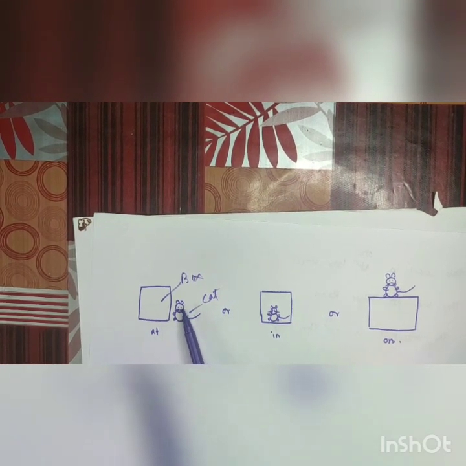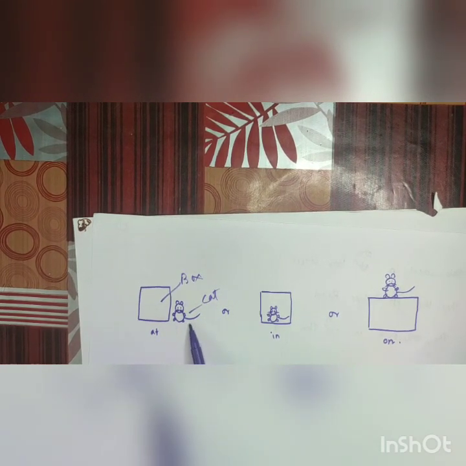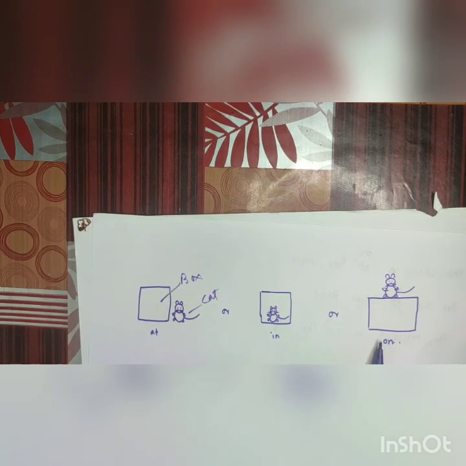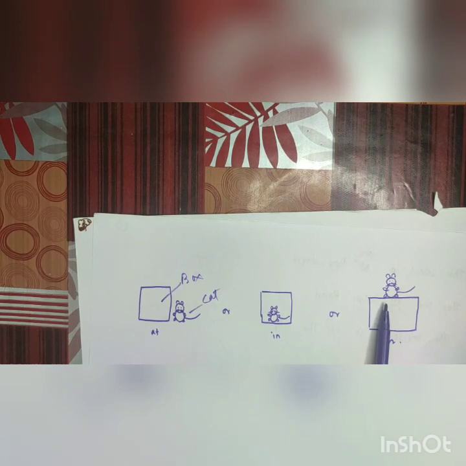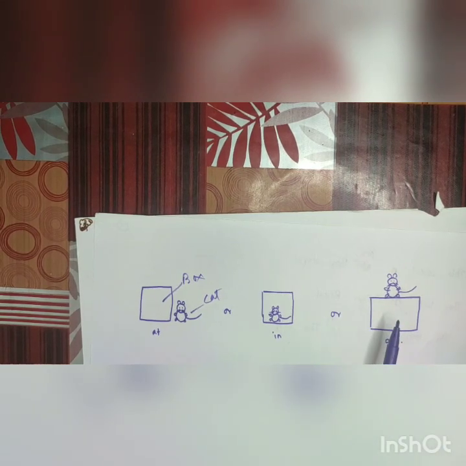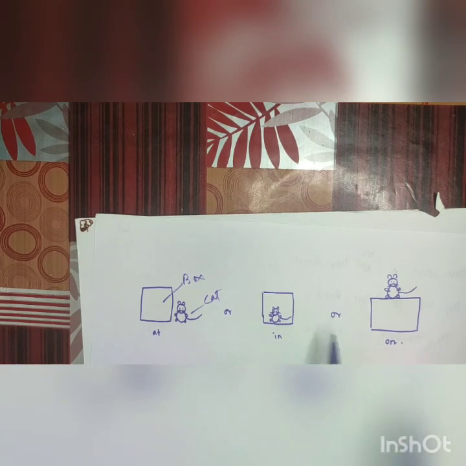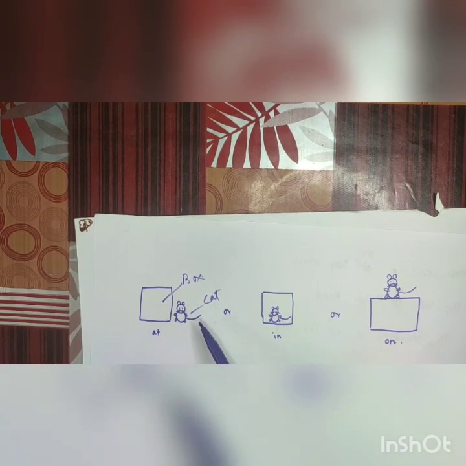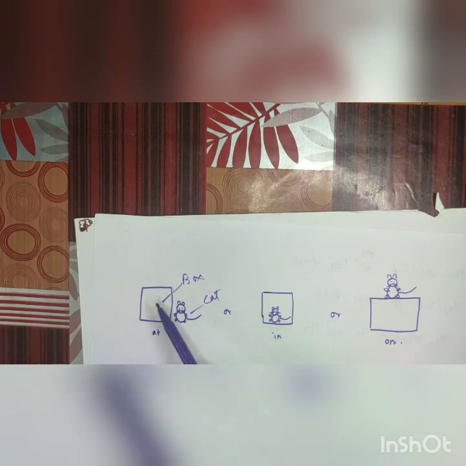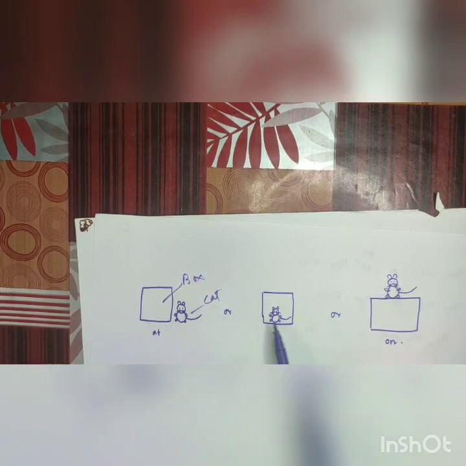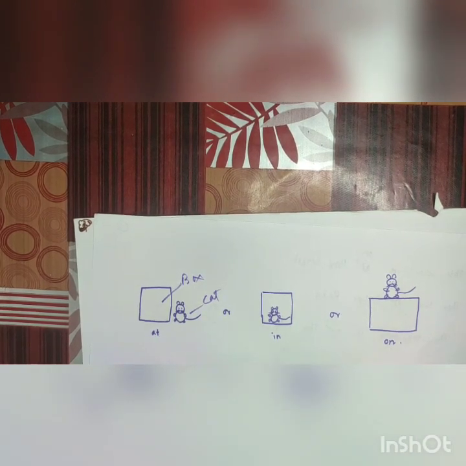Here we can say that cat is at the box, here we say that cat is in the box, here we say that the cat is on the box. All 3 are correct. Okay, so we are trying to understand the position of something with respect to something. Okay, so we will be dealing with it in today's lesson.